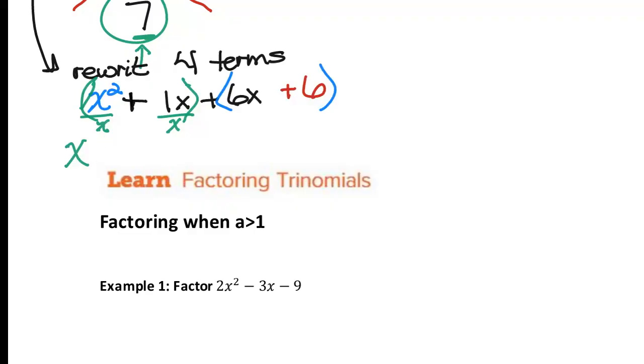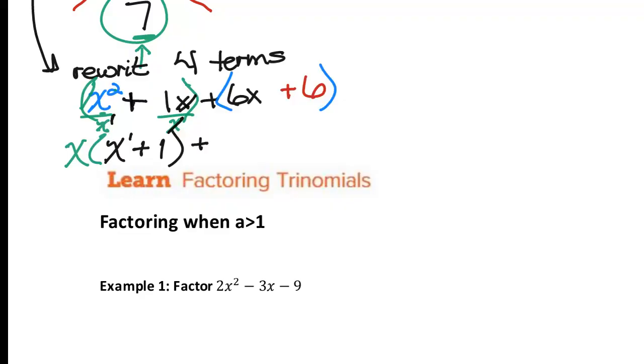When you divide that out, what do you have left? X squared divided by x. You had 2, you took away 1, so you have x to the first left, or just x, right? Plus x divided by x. That simplifies out, and you are left with 1.